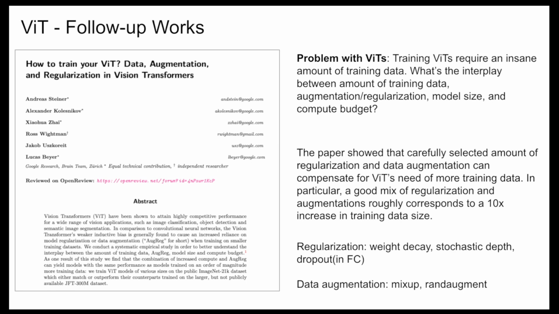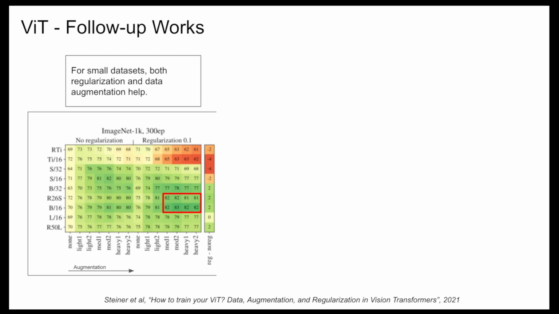And that augmentation was mixup, done to augment. So let's look at one really cool graph from this paper, and then we'll try to understand the interplay between these four things. For smaller datasets, both regularization and data augmentation help.